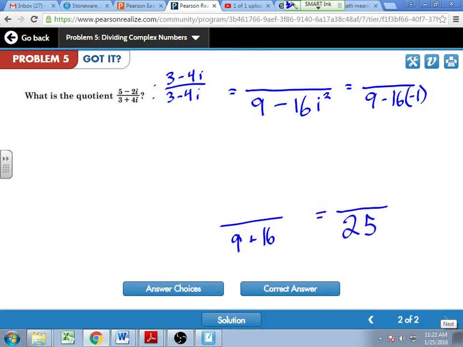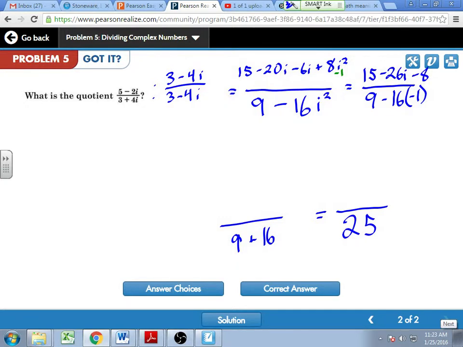Now I have to look at the numerator. My first gives me 15. My outer gives me negative 20i. My inner gives me negative 6i. And my last gives me positive 8i squared. Now my i squared, we know, is really negative 1. I can combine my two other i values, so I get 15 minus 26i minus 8.